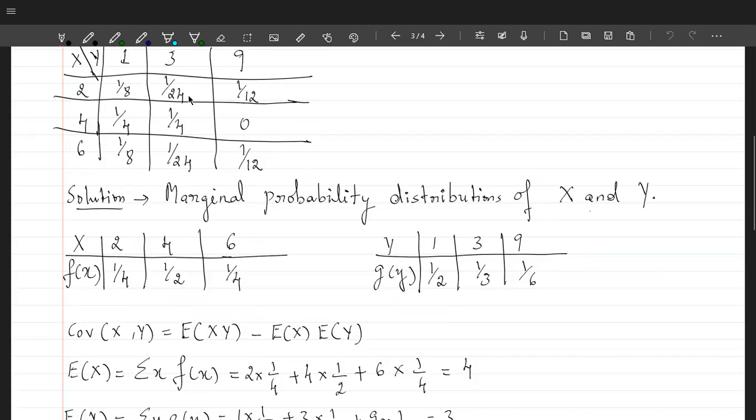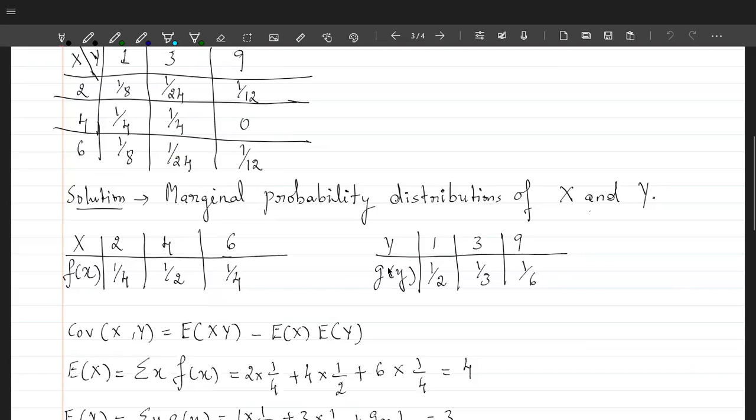So 1 by 8 plus 1 by 24 plus 1 by 12. So if you add them, you get 1 by 4. When x is equal to 4, the corresponding probability will be 1 by 4 plus 1 by 4 plus 0. So the value is 1 by 2. When x is 6, the corresponding probability will be sum of these 3 values. Probability will be 1 by 4.